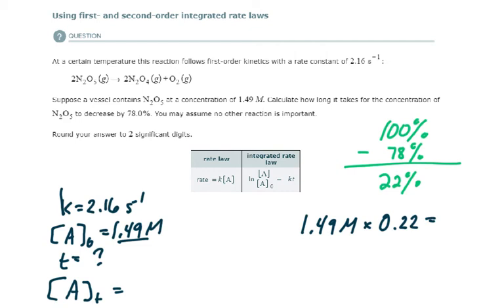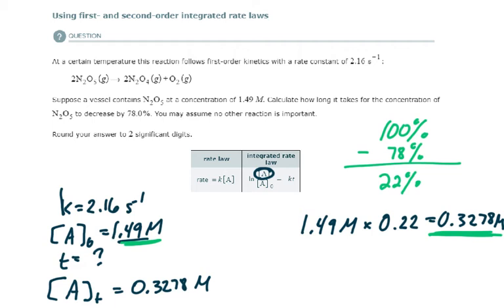So 1.49 times 0.22, I get 0.3278 molar. This is 22% of that. So 0.3278 molar is what we need there.